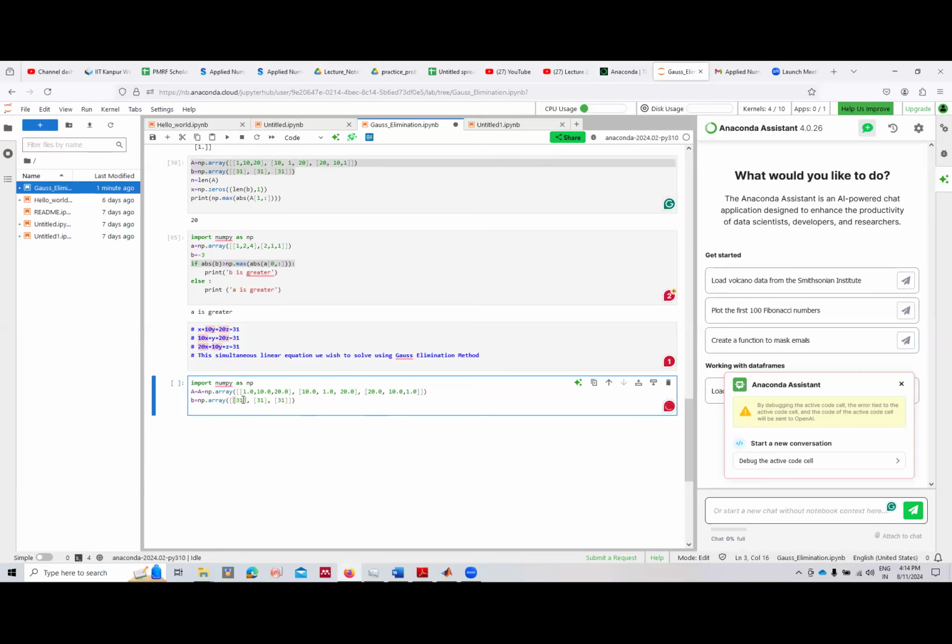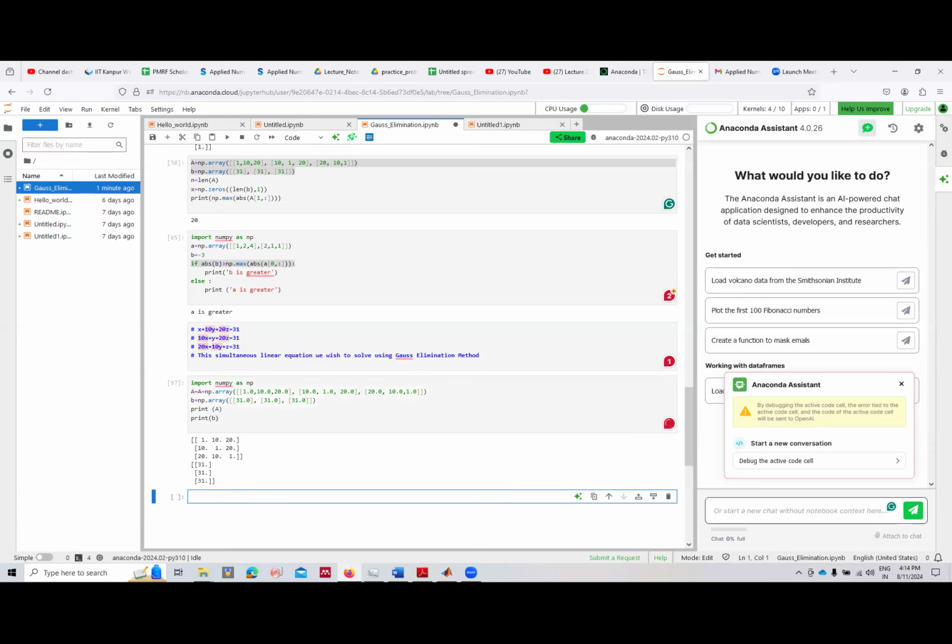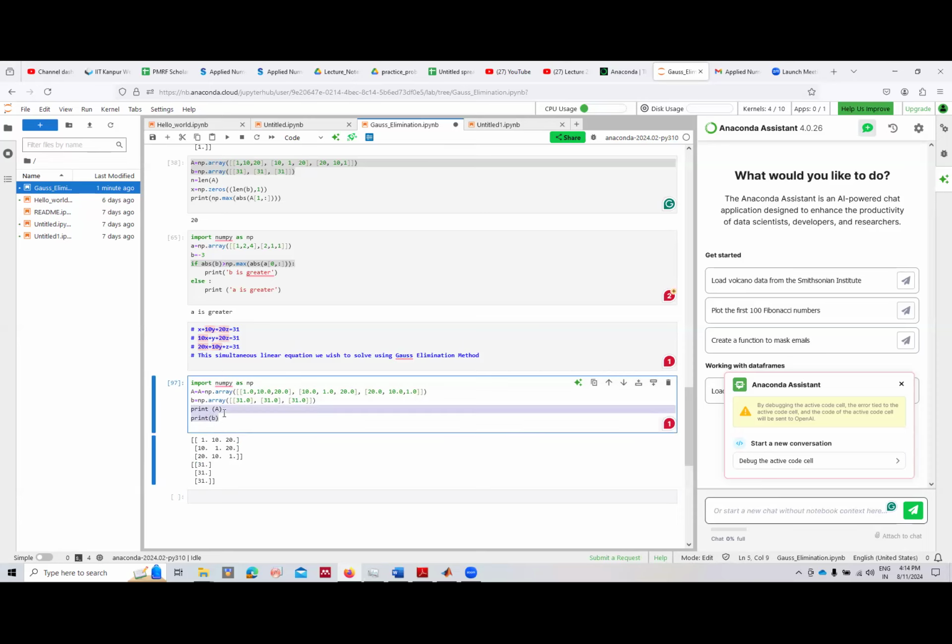And my B matrix is 31, 31, and the third one is also 31. Okay. If I simply print A, print B, and press shift enter, it shows me first the coefficient matrix A, then the matrix B. So this is my matrix A and B I have defined.